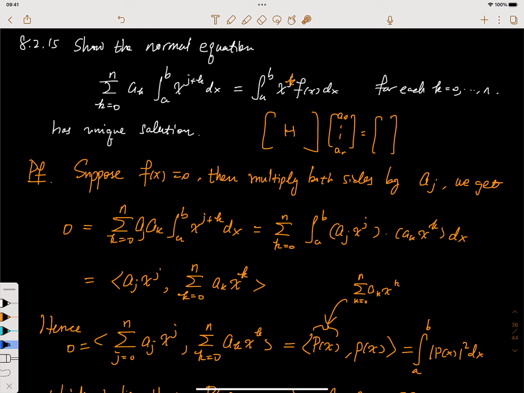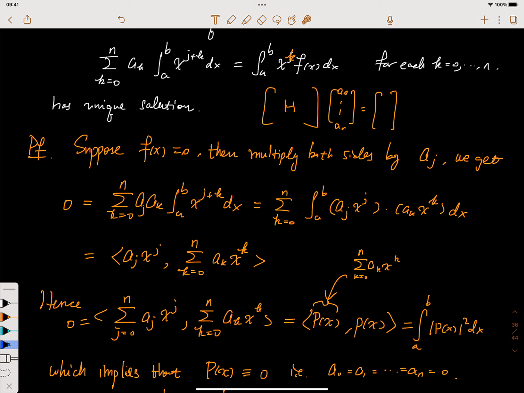Because this is an integral, you can put this sum into that, and then we'll have these terms coming out. So that just means we have an inner product of a_j x to the power j with the sum of these terms.